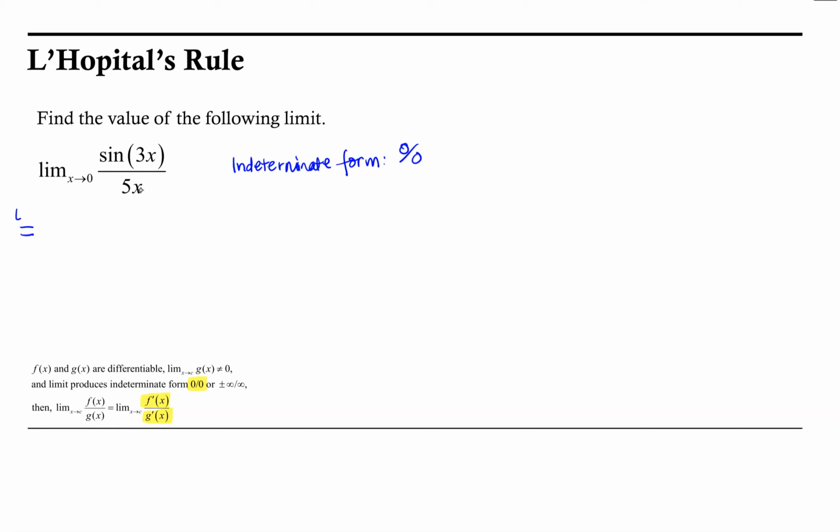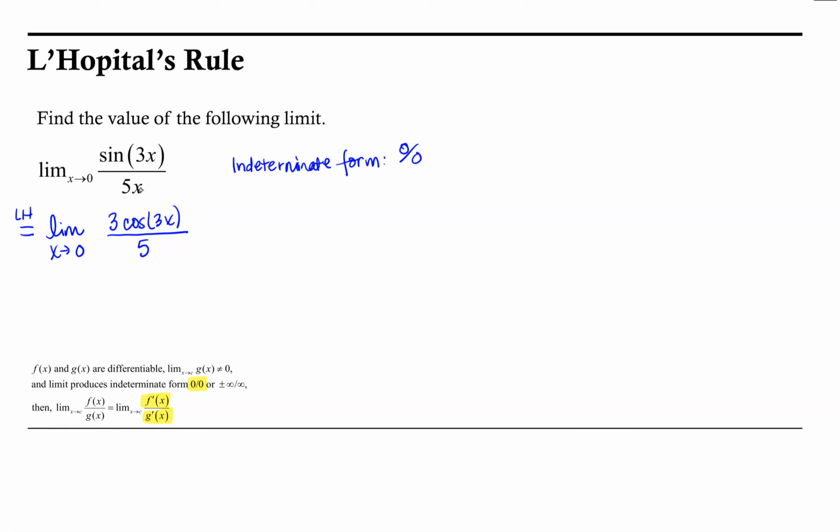So this equals, and again, warning the reader that what follows is the result of L'Hopital's rule, we have the limit as x approaches 0. The derivative of our numerator is 3 times cosine of 3x, and the derivative of our denominator is 5.